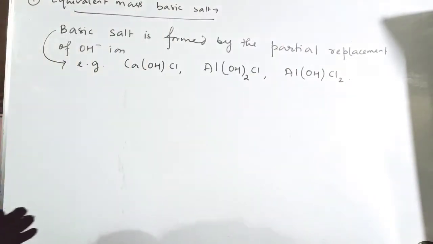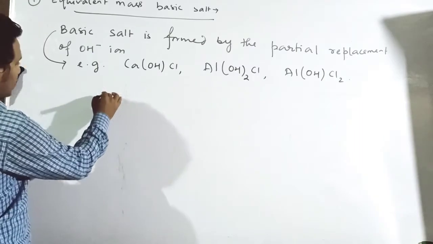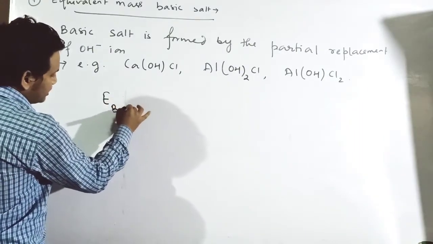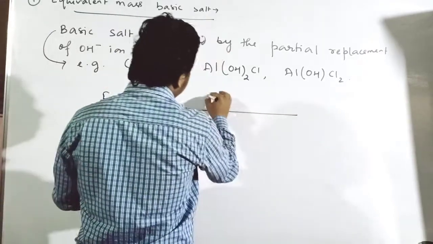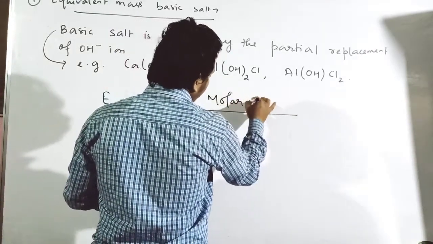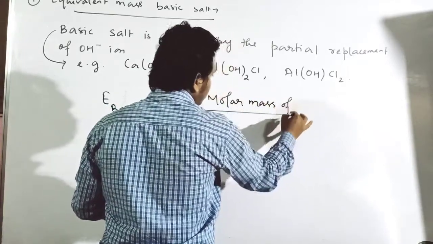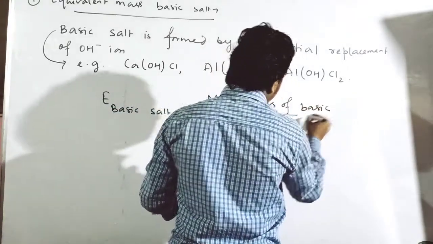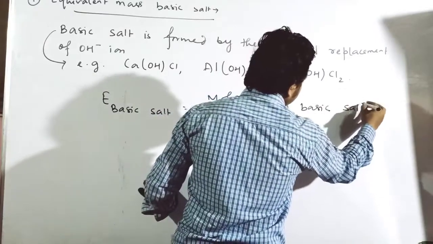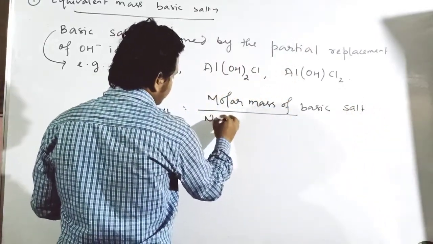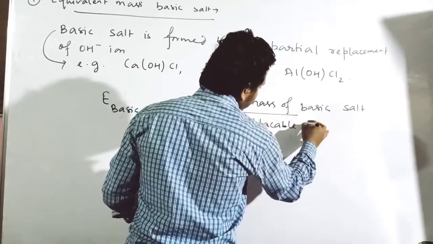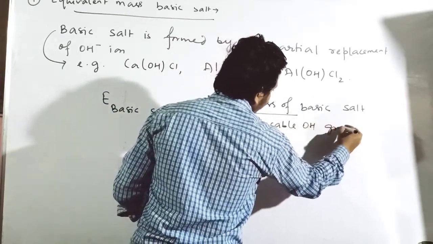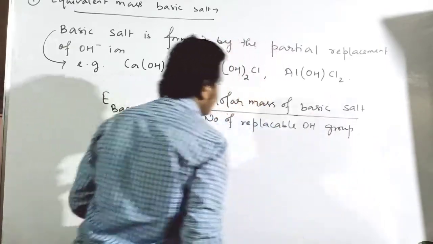Okay. Now, how can we find the equivalent mass? What is the formula for finding equivalent mass? The equivalent mass of basic salt, the formula will be the same: molar mass of basic salt divided by the number of replaceable hydroxyl groups.